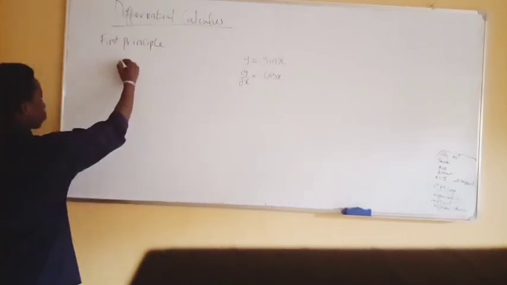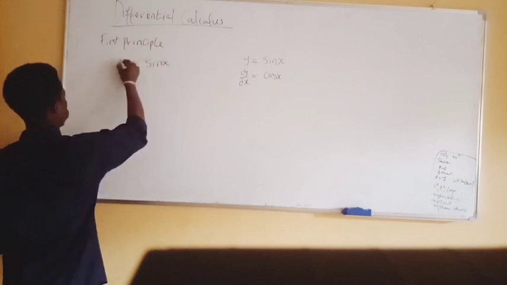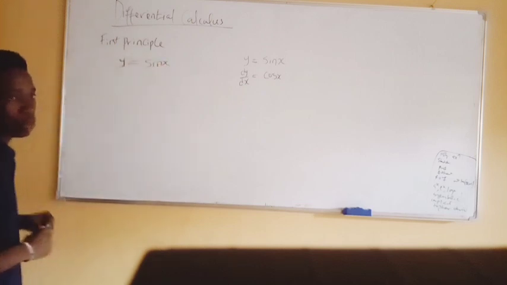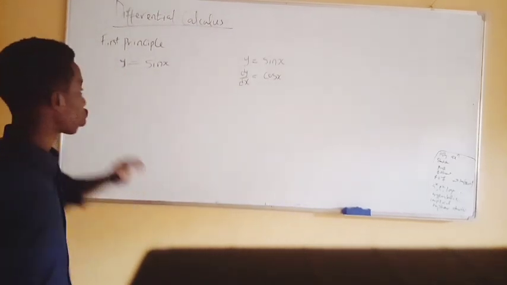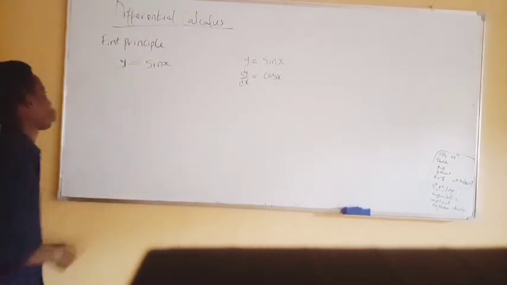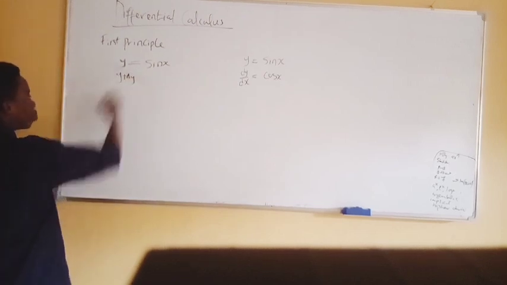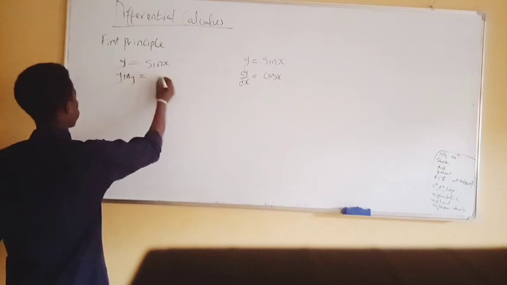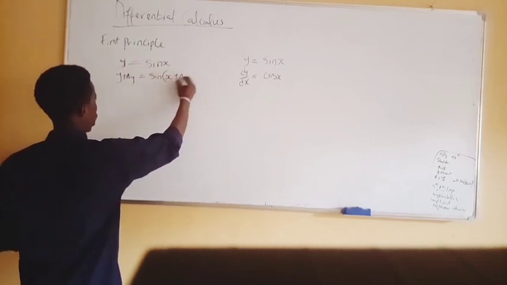If y is equal to sine x, we said before that we change the x. The change in x will give us the corresponding change in y. So our y plus delta y will give us sine of x plus delta x.